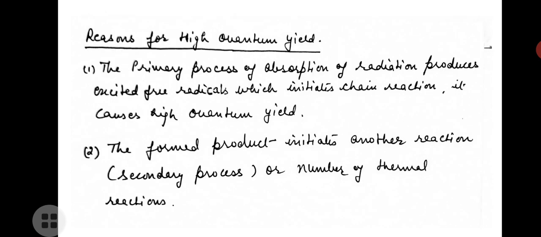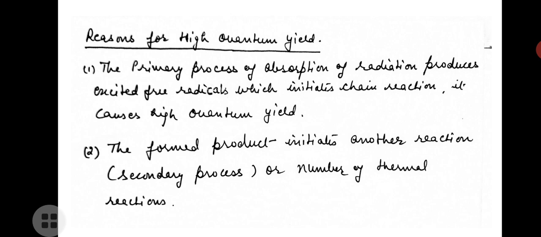Now let us study the reasons for high quantum yield. The primary process of absorption of radiation produces excited free radicals, which initiate chain reaction. It causes high quantum yield. The next one is the formed product initiates another reaction.